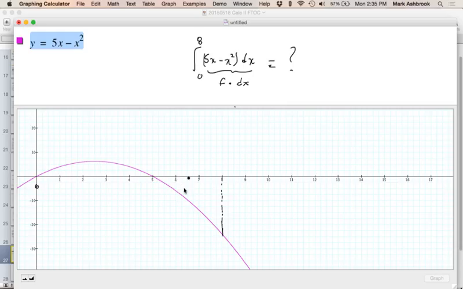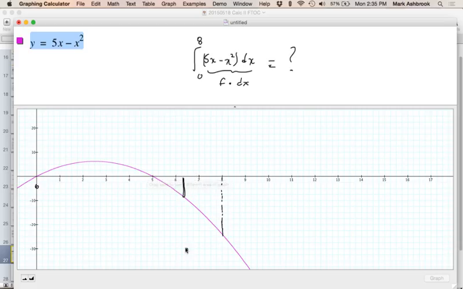Yeah, exactly. So areas are always positive, but we're going to take f to be negative values between 5 and 8. So it's still going to have the effect of a reduction, right?